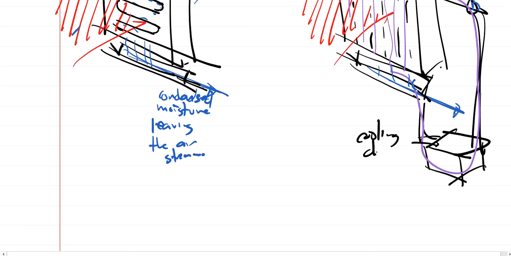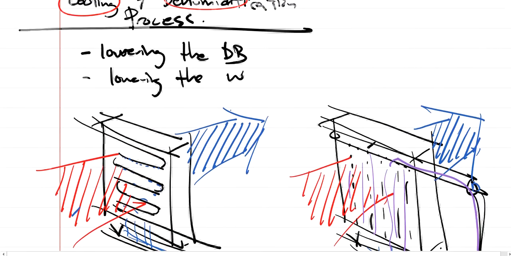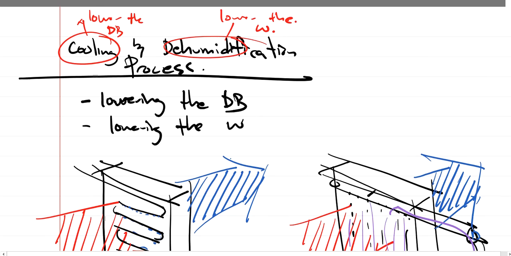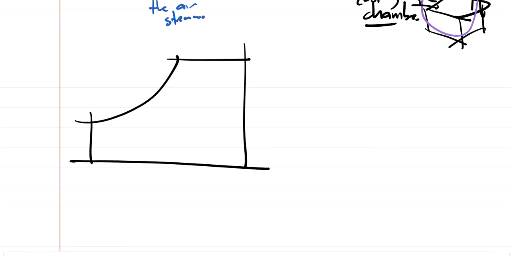When the air passes through this water curtain, the energy of that hot air is transferred into the water curtain, thereby increasing the temperature of the water curtain. So we need to bring this water temperature back to its original condition, so that we can do the cooling and dehumidification process.